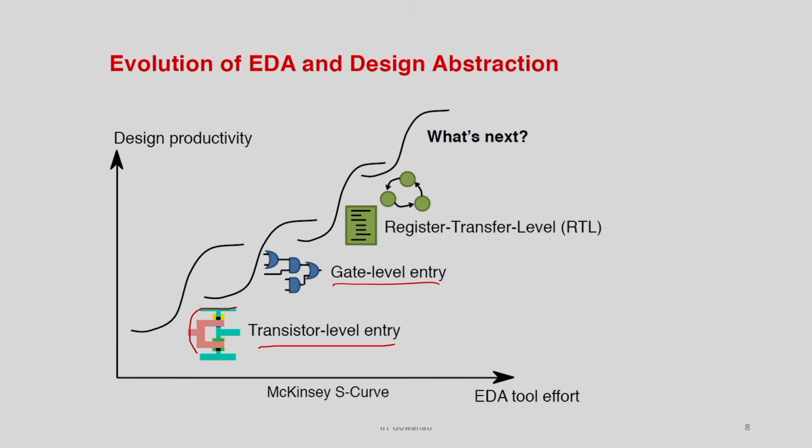This is how I can reduce the overall complexity by at least 10x, right. So, I do not have to think about 10 billion transistors, rather I can think about 1 billion gates in the circuit.